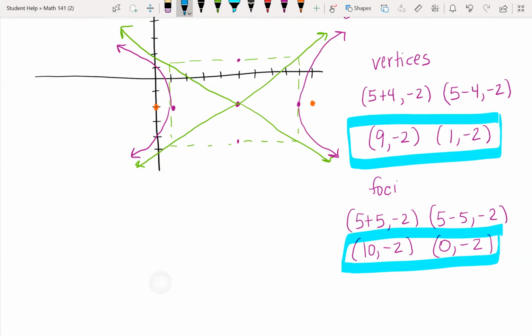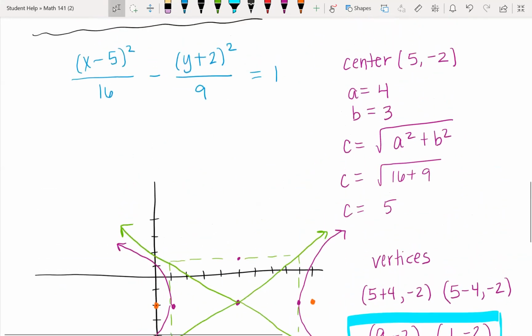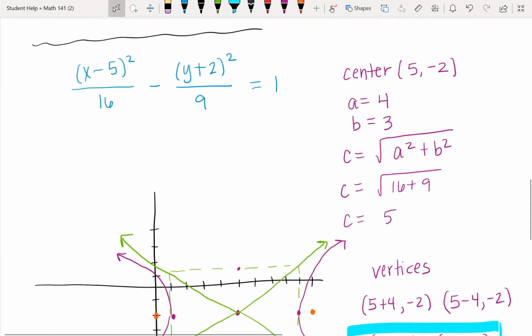The equation of the asymptotes is y minus k equals plus or minus b over a times x minus h. Plus or minus because we've got one with a positive slope, one with a negative slope. So h was 5. Remember, h comes from the center and k comes from the center as well. This is h and this is k.